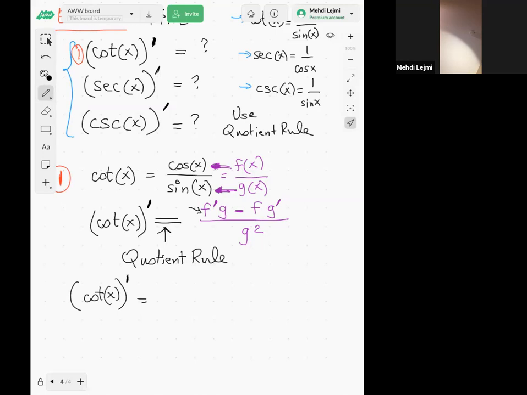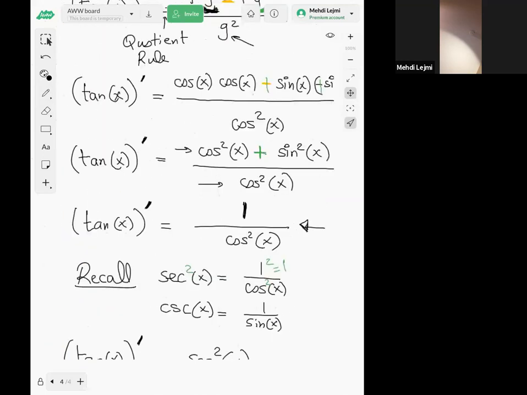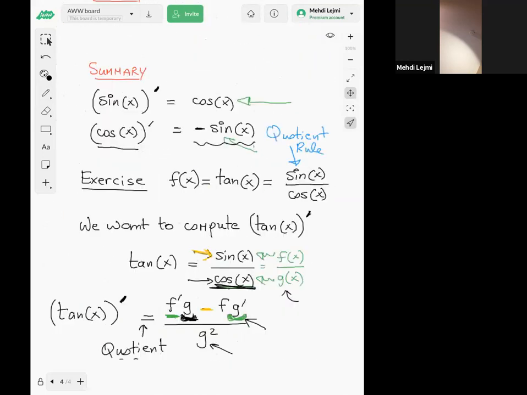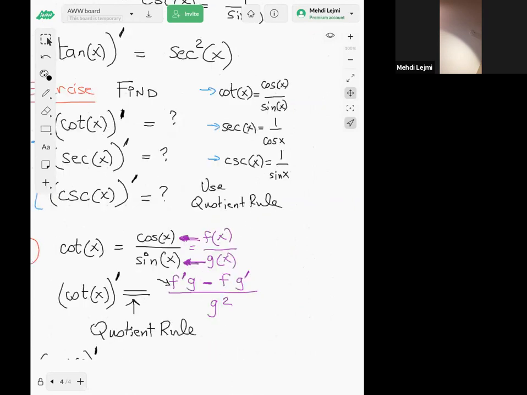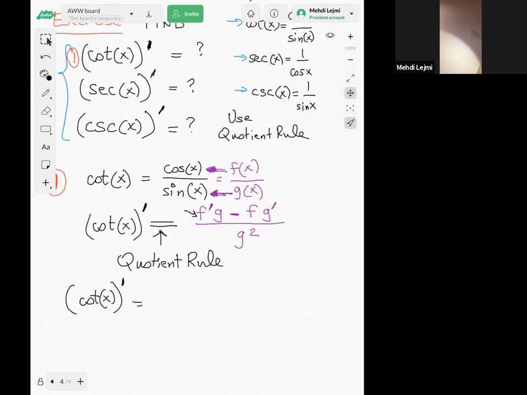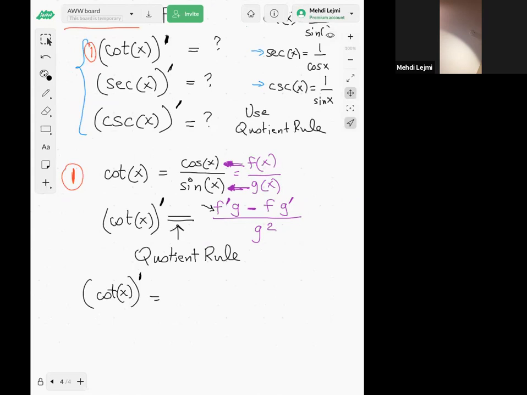The derivative of cosine is minus sine, right? So f prime is minus sine. That's my f prime.